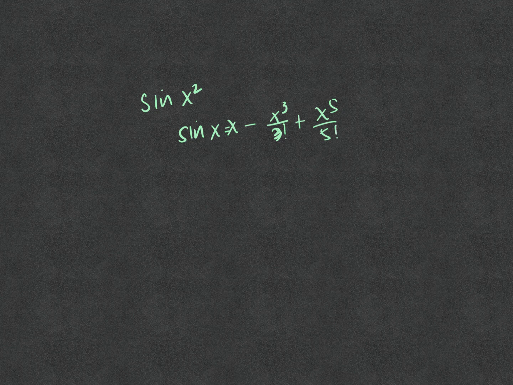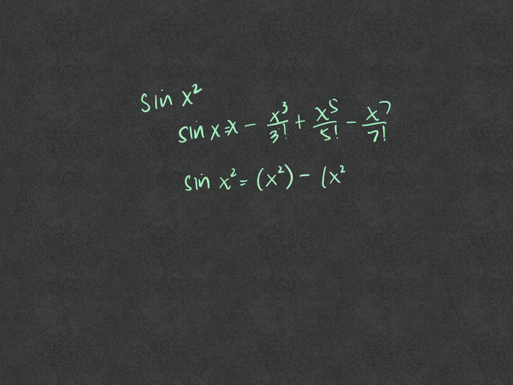So no matter what you're given, just use it appropriately. I would make a note to remind you, if you have, for example, sine of x squared, then you want to start with the fact that sine of x equals x minus x to the third over 3 factorial plus x to the fifth over 5 factorial minus x to the seventh over 7 factorial. And then you put your x squared in. So sine of x squared means you're going to put an x squared everywhere there's an x.